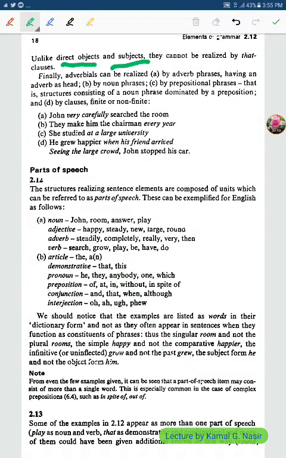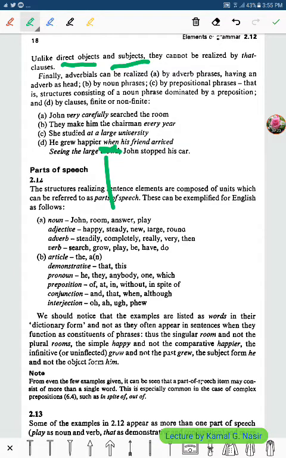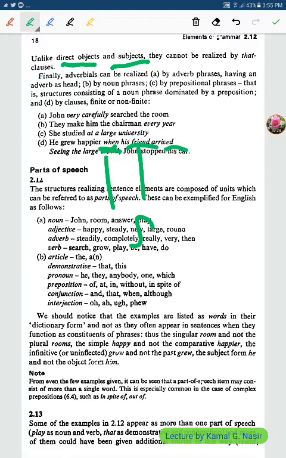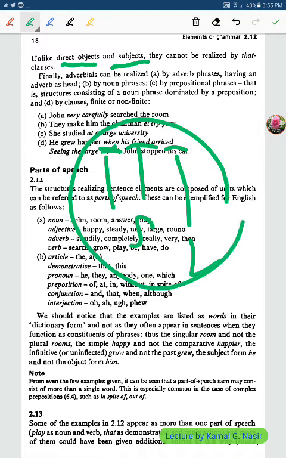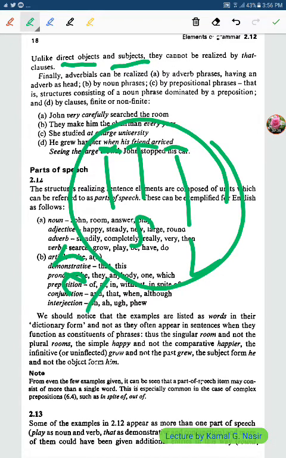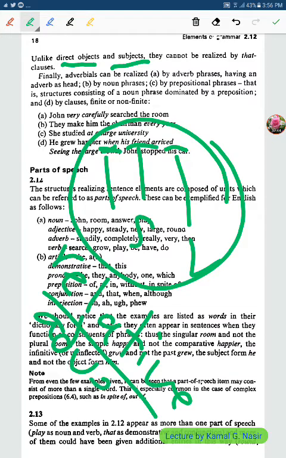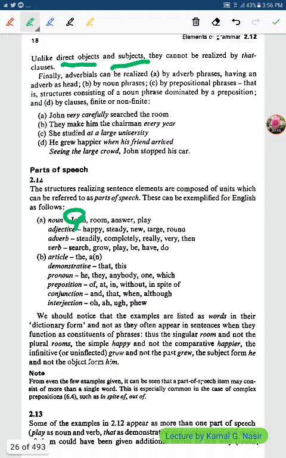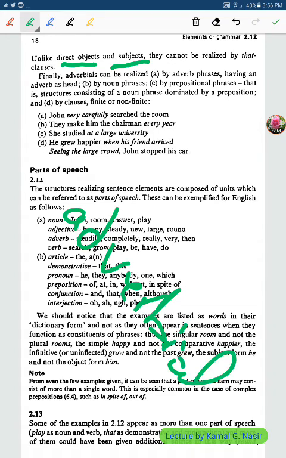It is made of when, which is an adverb of time, his friend, the subject, and arrived, the verb. All this is called an adverbial clause. It is not a relative clause, it is an adverbial clause.